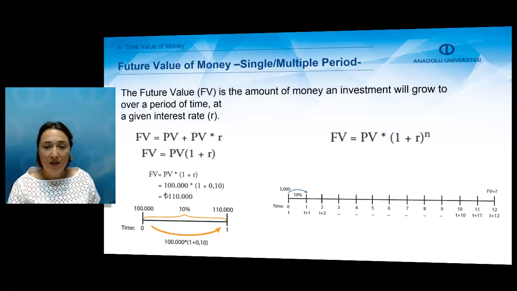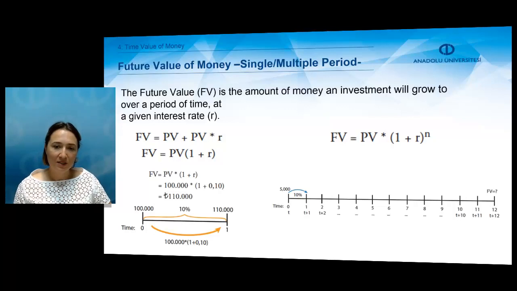And if we have more than one period of time, we will have to use another equation. We multiply present value by 1 plus R to the power n, because n is the number of time periods we have.